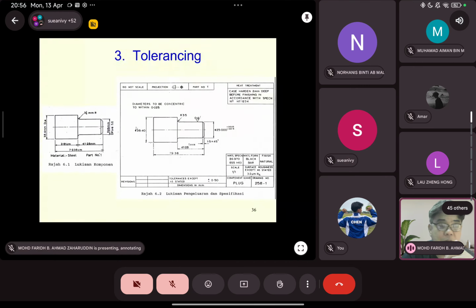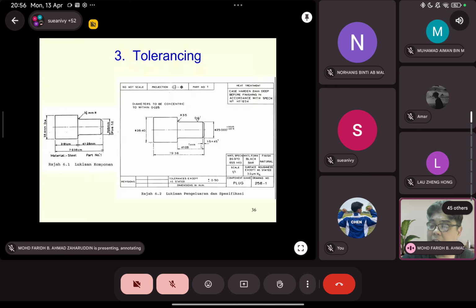This is an example of a drawing showing where the tolerance is applied. There is a plus minus. In this drawing, it shows everything: the units, the components, the drawing numbers, and the material specification using British Standard 970.